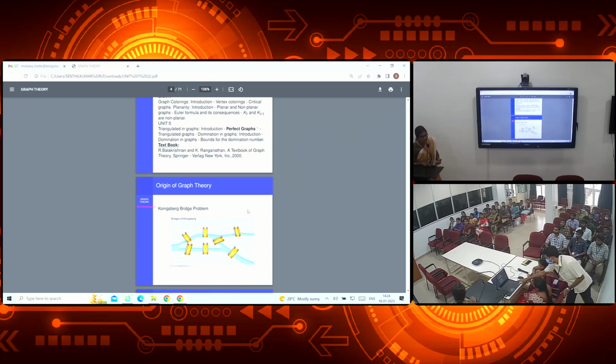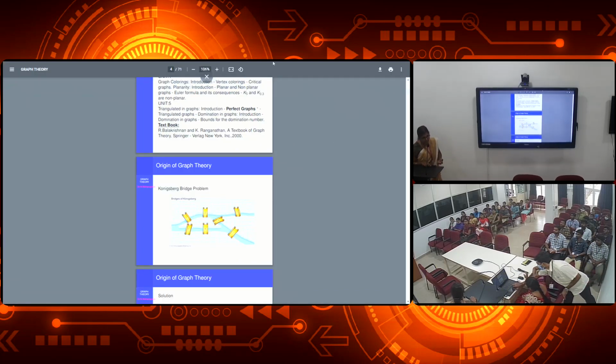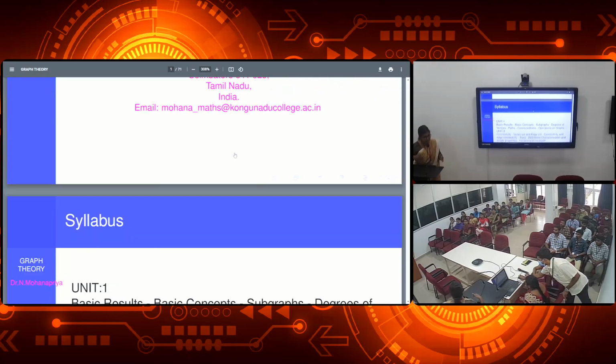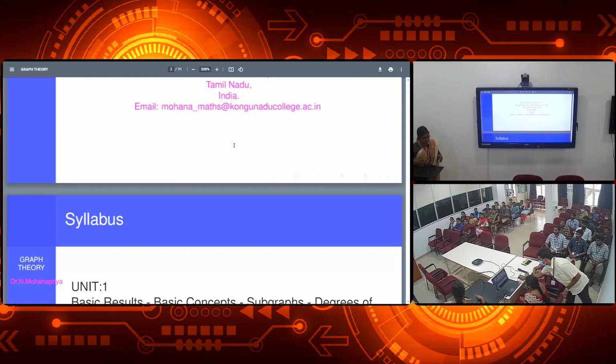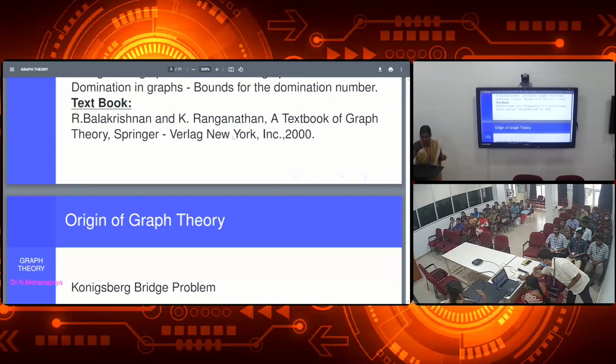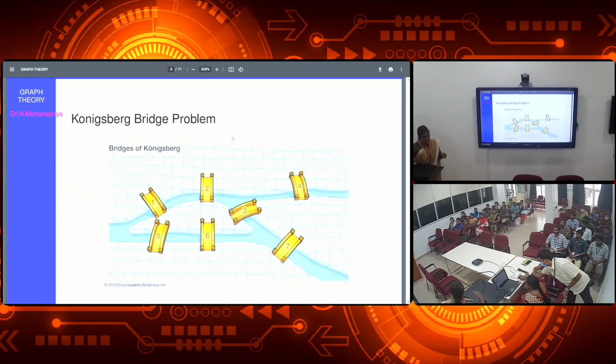There was a Pregel river in Germany, with four land areas. To cross over to each town, we have to cross a bridge, seven bridges in all. To reach each and every town in that land area, they have to cross each bridge exactly once.